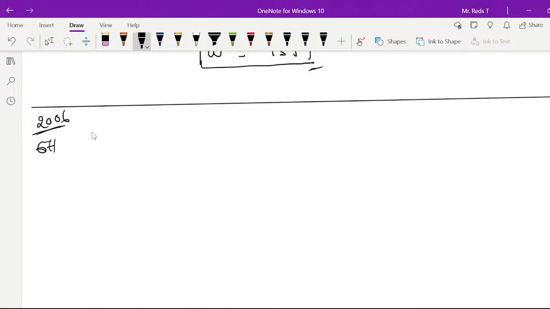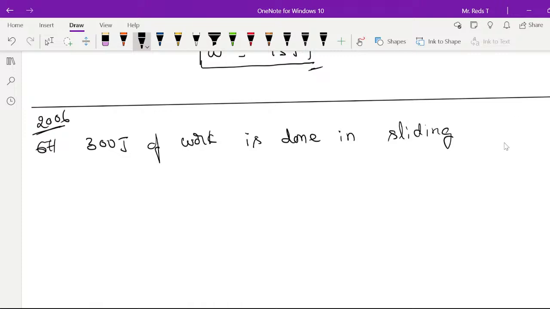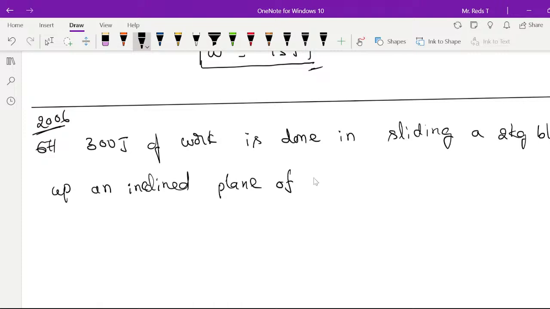The question is: 300 joule of work is done in sliding a 2 kg block up an inclined plane of height 10 meter.